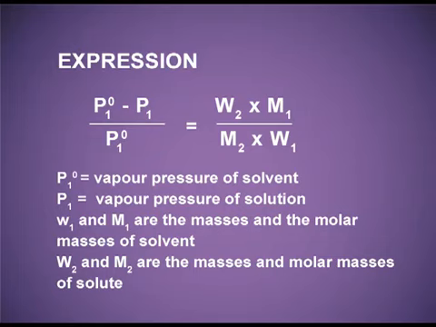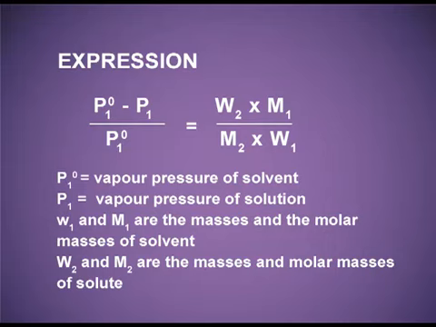Mathematically, (P1° minus P1) divided by P1° is equal to W2 into M1 divided by M2 into W1. Here P1° is the vapor pressure of the pure component 1. Here 1 is the solvent.